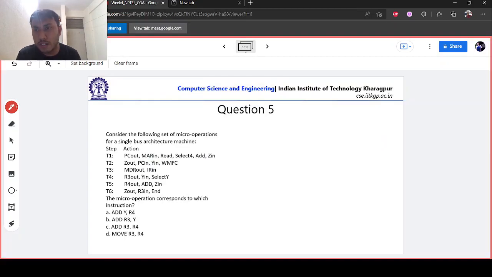If you notice the first three steps, T1, T2 and T3, what do they do? In the first three steps, the basic operation is loading the instruction address to MAR. You have the PC out and MAR in.